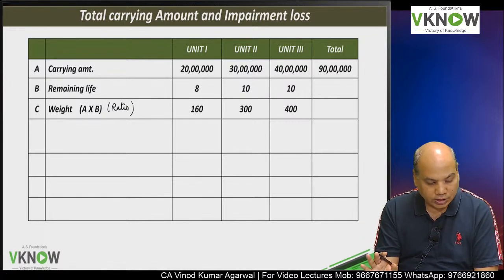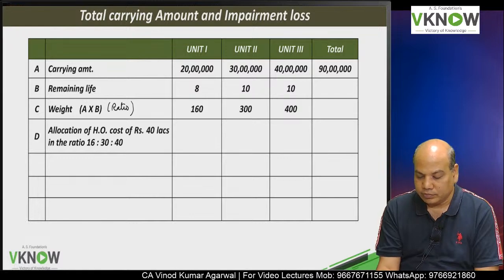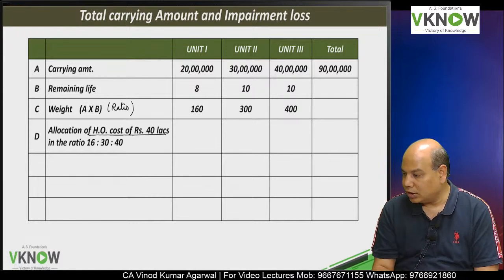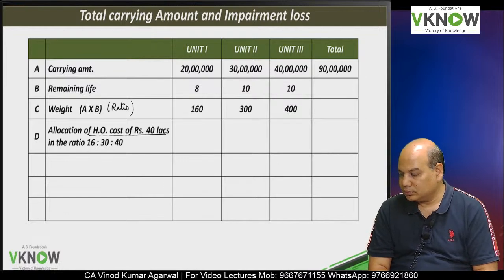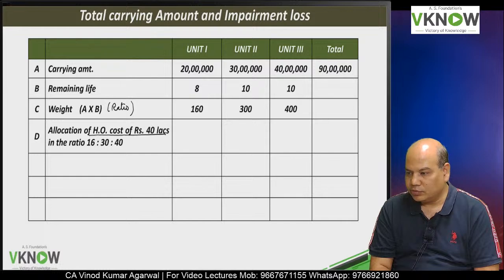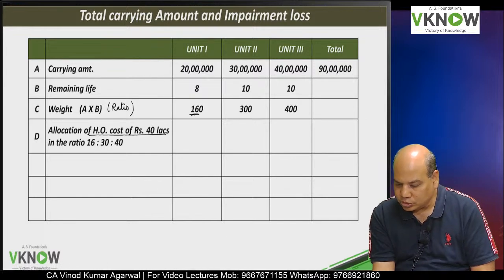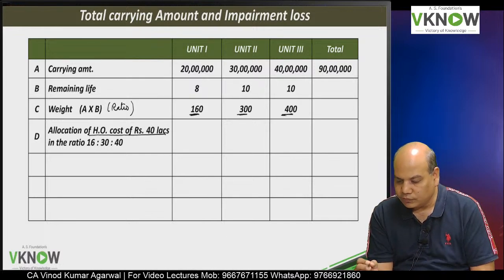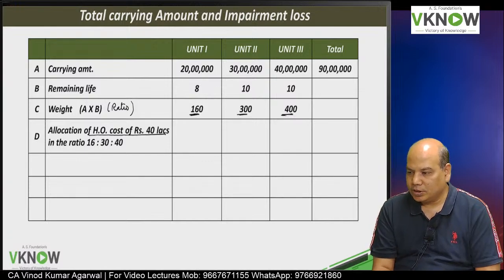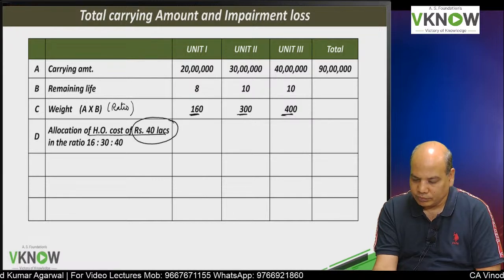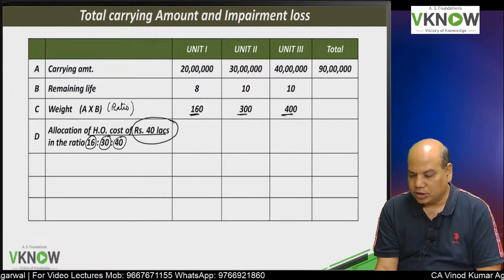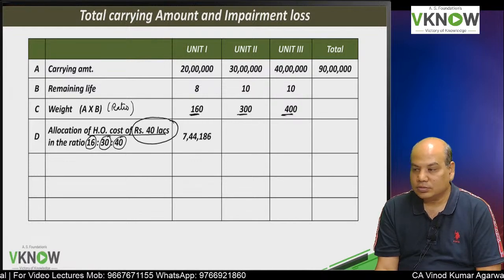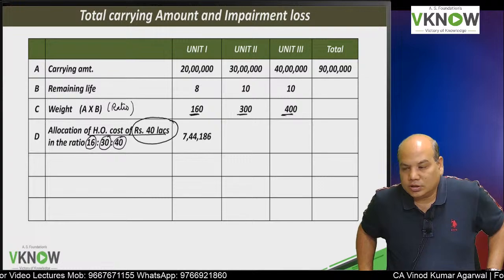Okay. So what is the carrying amount of the head office building? The head office building carrying amount is 40 lakh, and the ratio is 16:30:40. So please apply ratio 40 lakh in the ratio 16:30:40 and you will get 7,44,186.